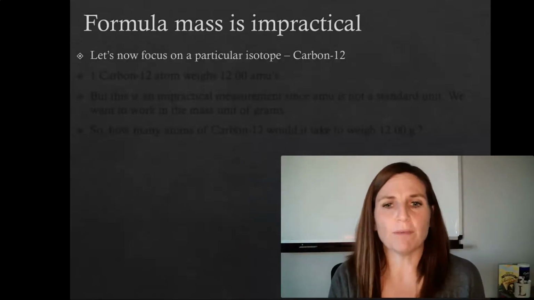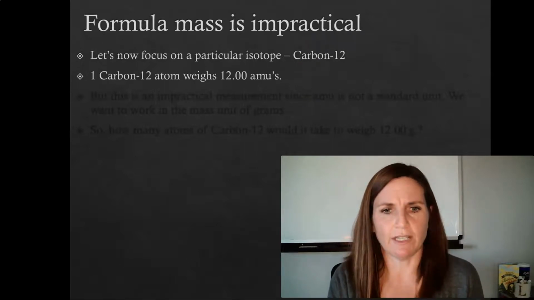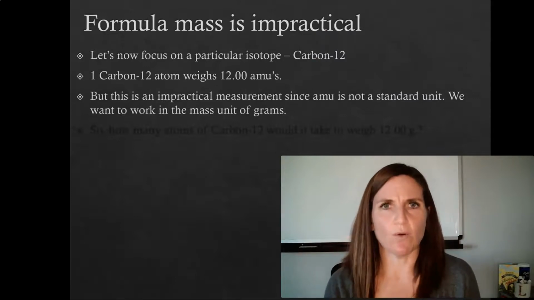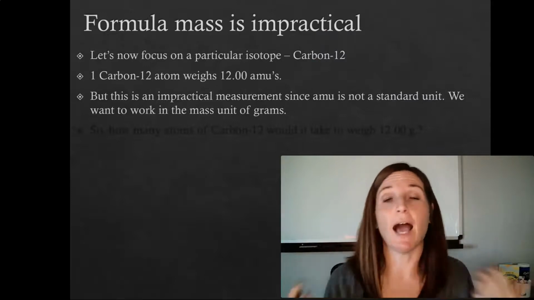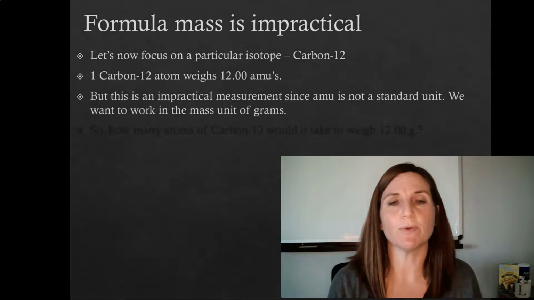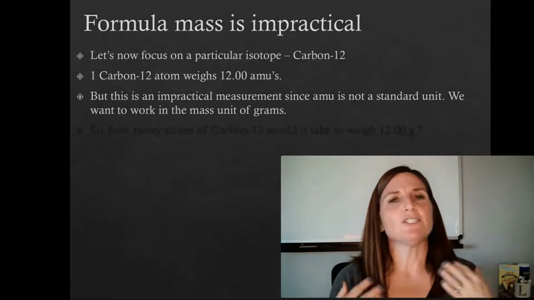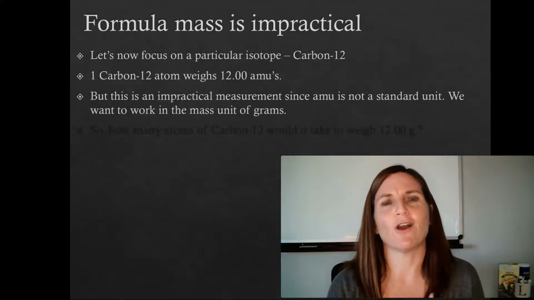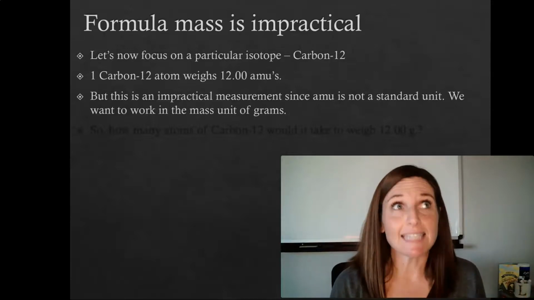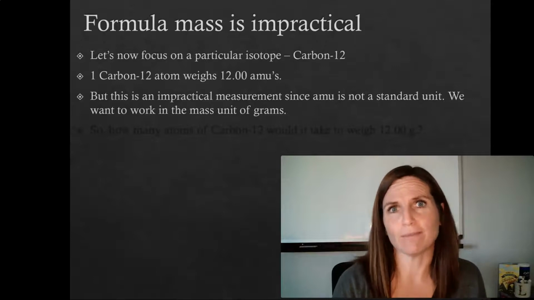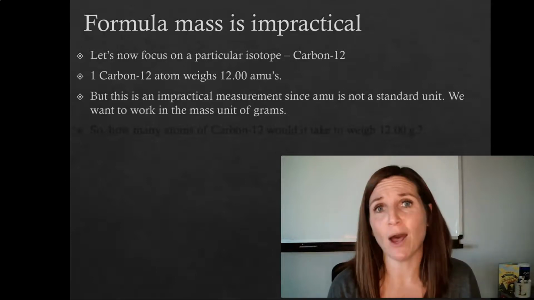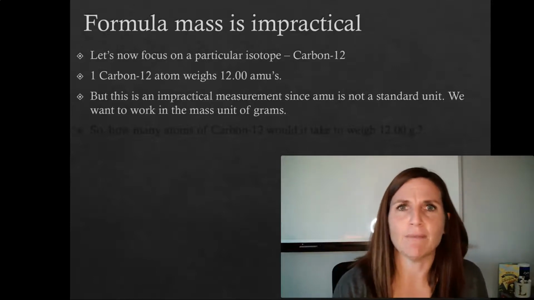Now, the problem with formula mass is that it is impractical. Unfortunately, even though we know an AMU and we can apply this atomic mass unit to multiple different elements on the periodic table, what they don't help us do is measure on a scale. A scale measures in grams or ounces or pounds, but never in AMU.